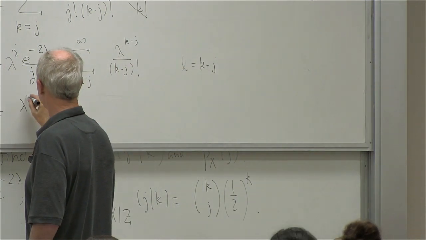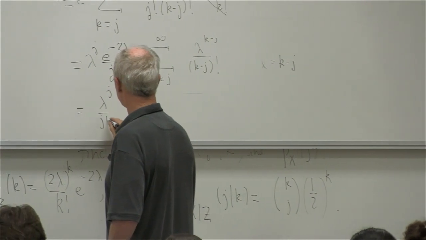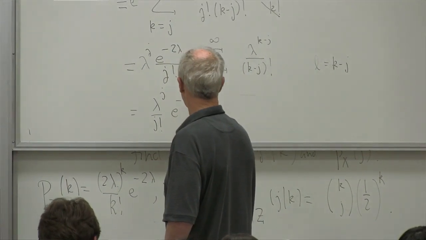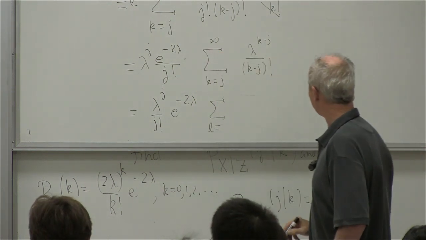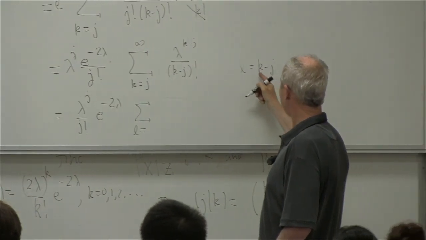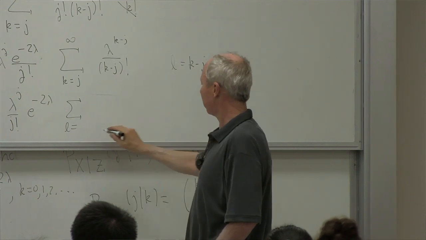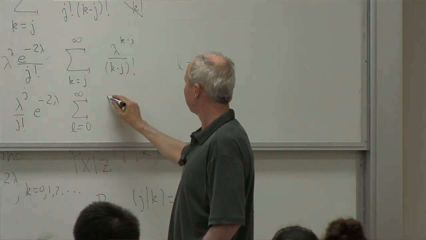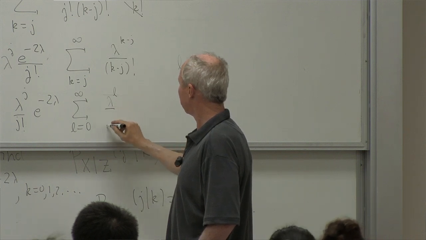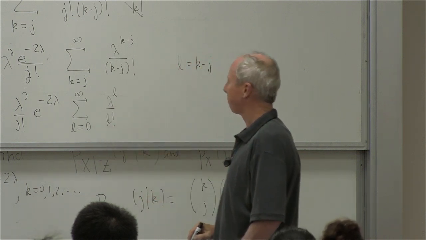We get lambda to the j over j factorial e to the minus 2 lambda, sum l equal what to what? When k is j, j minus j is 0. And as k goes to infinity, so does l. Then we get lambda to the l over l factorial.